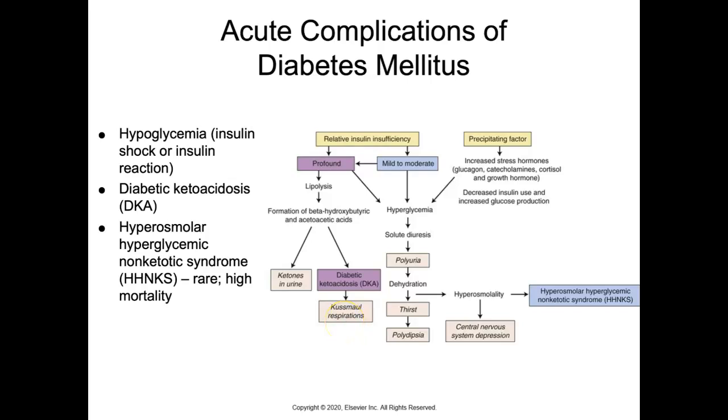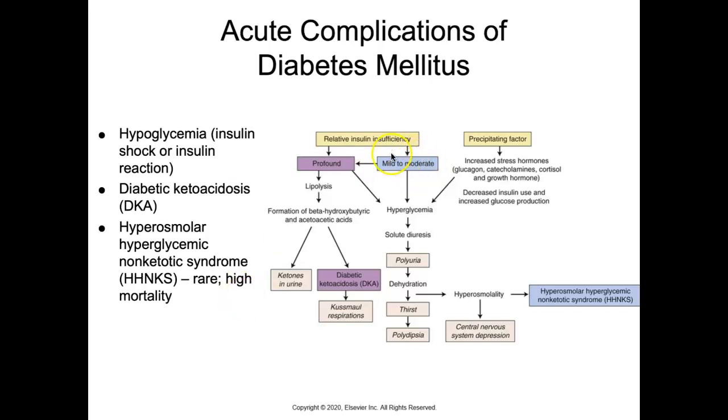Lastly, here we have our hyperosmolar hyperglycemic nonketotic syndrome, or HHNKS, which is rare, although when it is experienced, there is a high mortality rate. We tend to see these more with elderly patients, and they most likely have other comorbidities going on, including some type of infection or cardiovascular or renal disease.